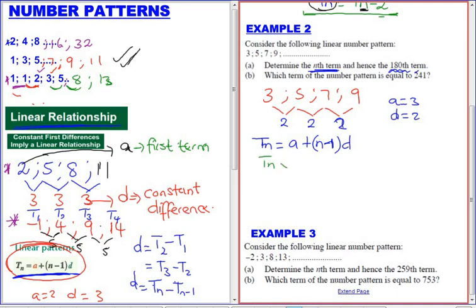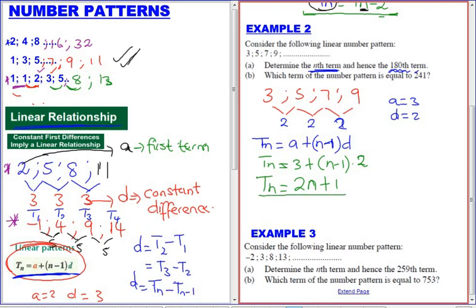Here your a is 3, and n minus 1, then your common difference is 2. To simplify, I get the general term as 3 plus 2n minus 2. I think you are fine if I write it as 2n plus 1. So that's our general term.